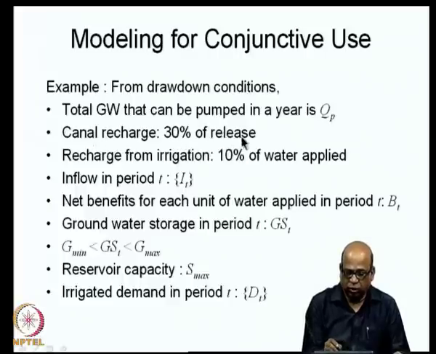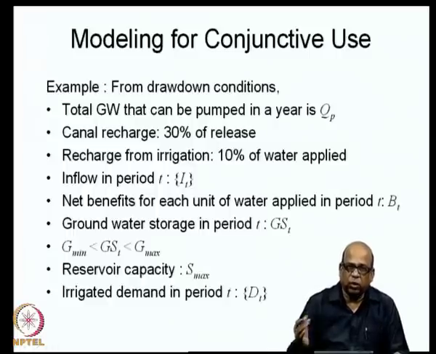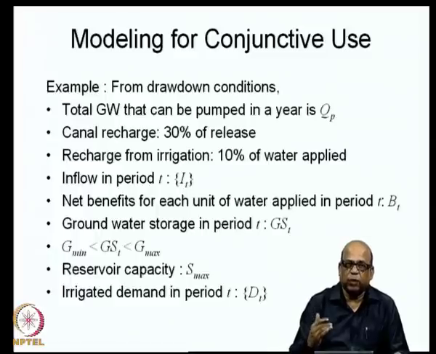So, 30% of the release goes as recharge. Then whatever is applied at the irrigated area, 10% of the water applied comes down as recharge. Now, whatever is applied at the irrigated area may come from surface water source as well as from groundwater source or from both these sources together. But whatever is applied, 10% of that water also comes as recharge.